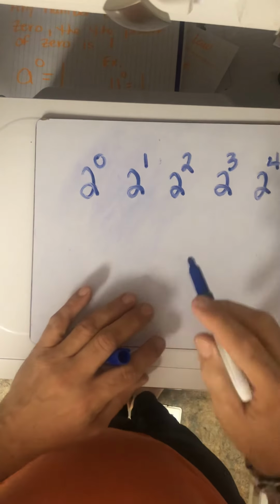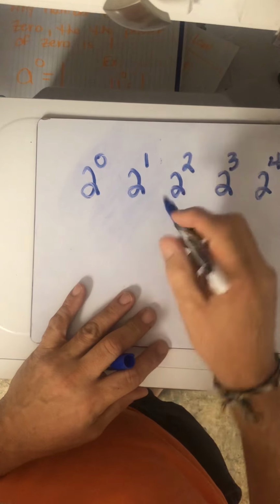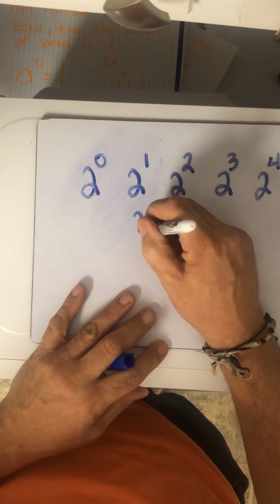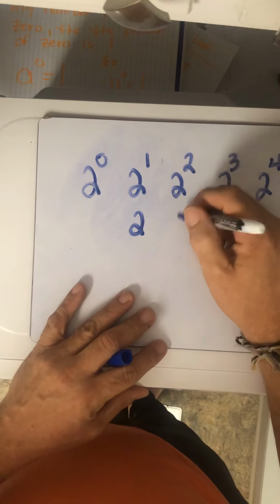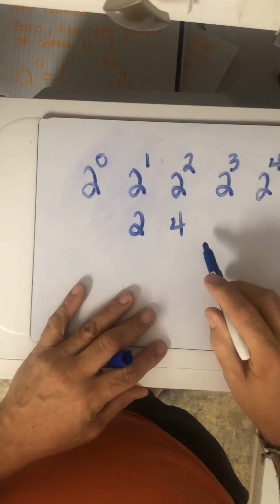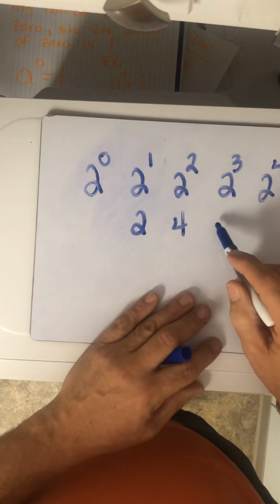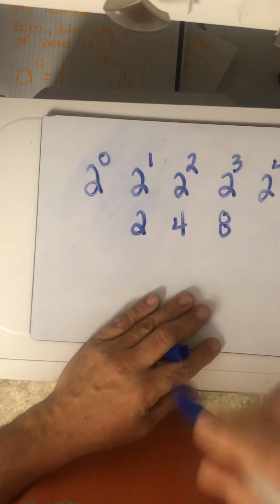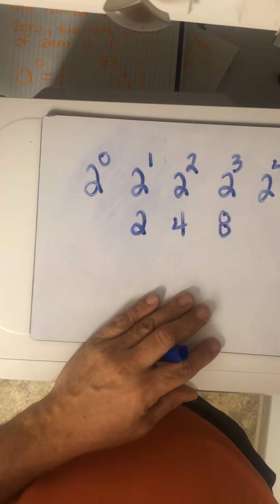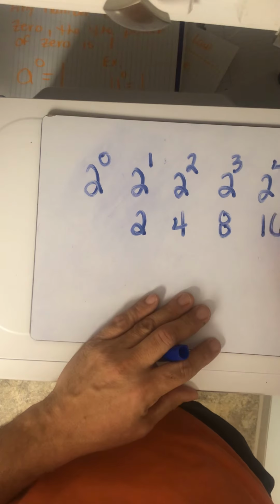Now, I'm going to write down what each one of these means. We know that 2 to the first power is 2. 2 to the second power is 2 times 2, which is 4. 2 to the third power is 2 times 2 times 2 is 8. 2 to the fourth power is 2 times 2 times 2 times 2 is 16.